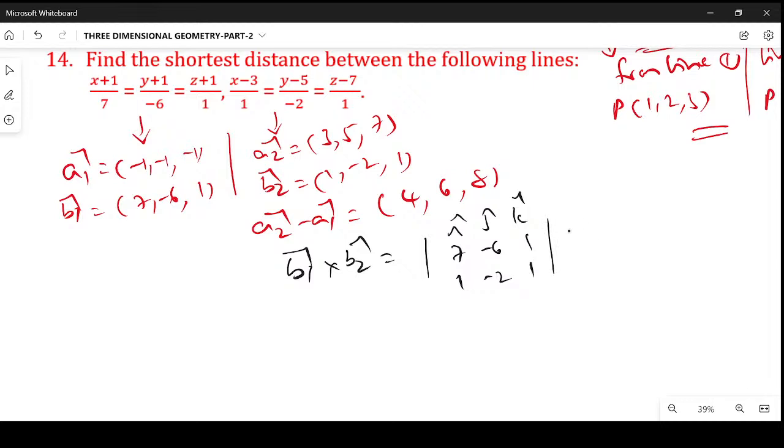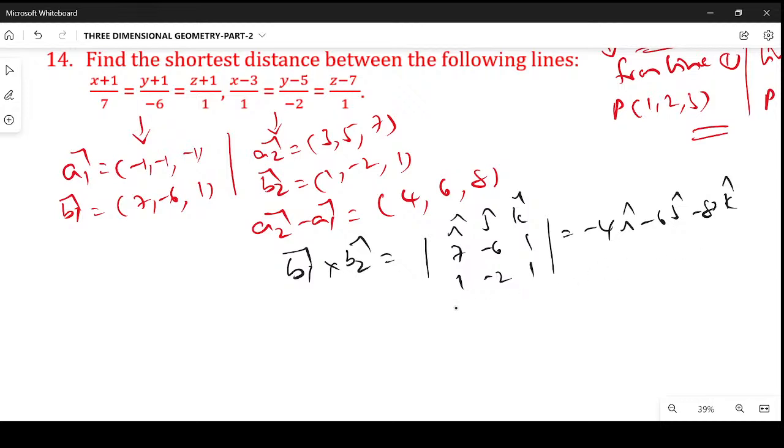Computing: i cap gives -6 plus 2, which is -4; j cap gives minus (7 minus 1), which is -6; k cap gives -14 plus 6, which is -8. So this is b1 bar cross b2 bar.